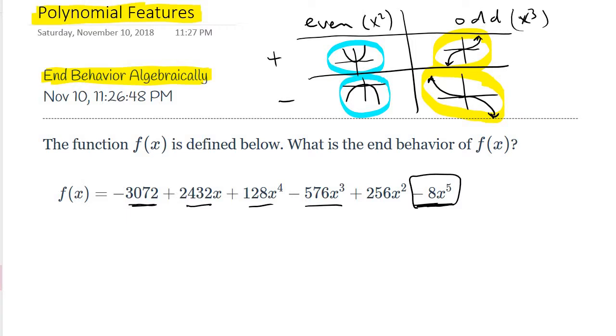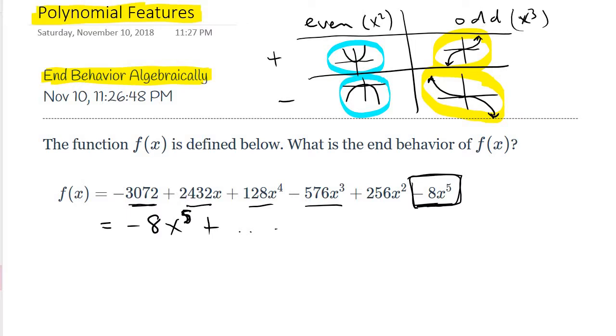Sometimes it's not in order. It might be in the middle. So you have to look for the highest degree, which could be anywhere in any of the terms. Just rearrange them. I'm not going to rewrite everything. I'm just going to write the first term that has the highest degree, and then the other ones go in the front of it or the back of it.